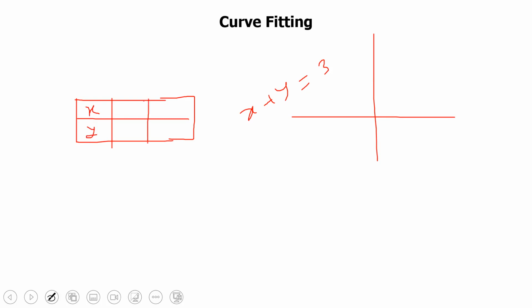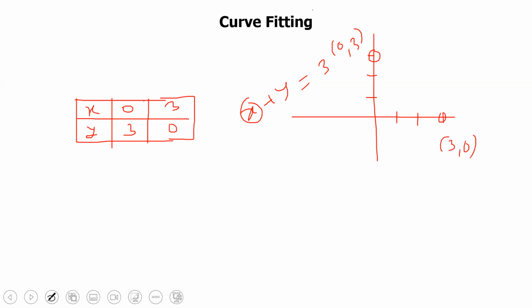For example, if you put x equal to 0, the value of y is 3. If you put x equal to 3, the value of y is 0. So if you want to trace these points on the x-axis and y-axis, this point is (0, 3) and this point is (3, 0).